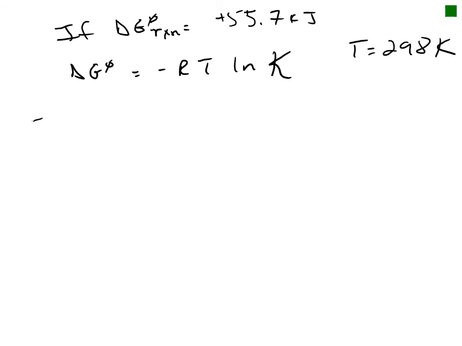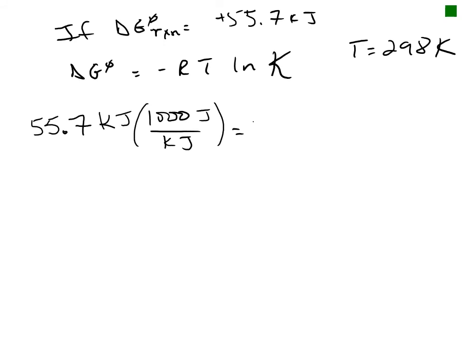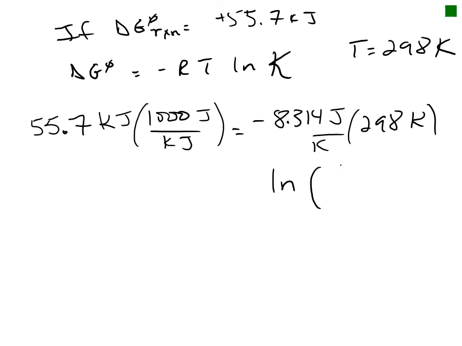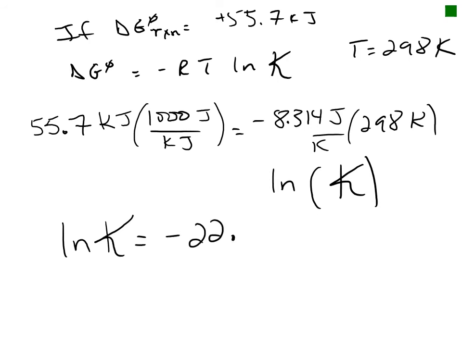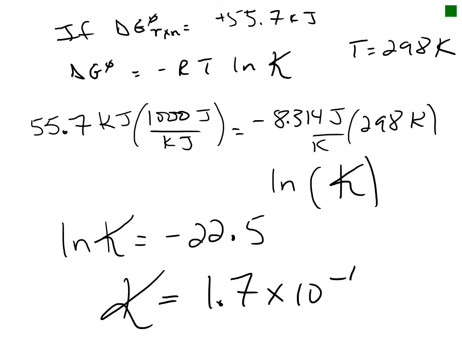So if we look at our units and plug this in, because the units of R are in joules, I'm going to take my kilojoules, multiply by 1,000 joules per kilojoule, equal to minus 8.314 joules per mole Kelvin, ignoring the mole, times 298 Kelvin, multiplied by the natural log of the equilibrium constant. When I finish rearranging this, I'm going to get the natural log of the equilibrium constant is equal to minus 22.5. My units cancel, and K is equal to 1.7 times 10 to the minus 10.